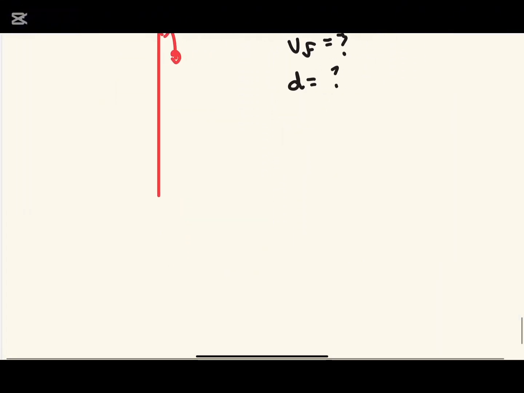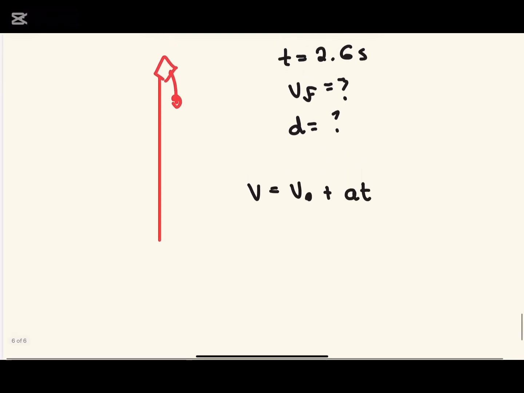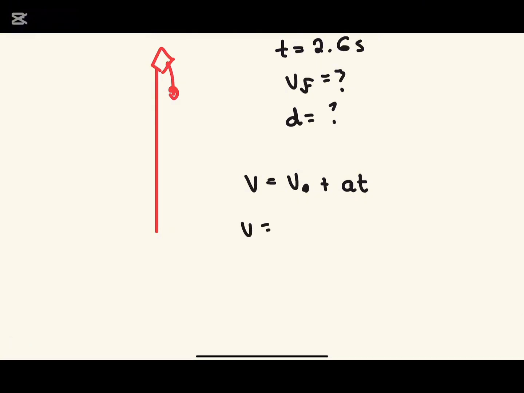So we will use v is equal to v0 plus acceleration times time. And then we can do v is equal to 0 plus 9.81, or in AP Physics 1, you can use 10, times 2.6. And that gives us 25.5 meters per second.